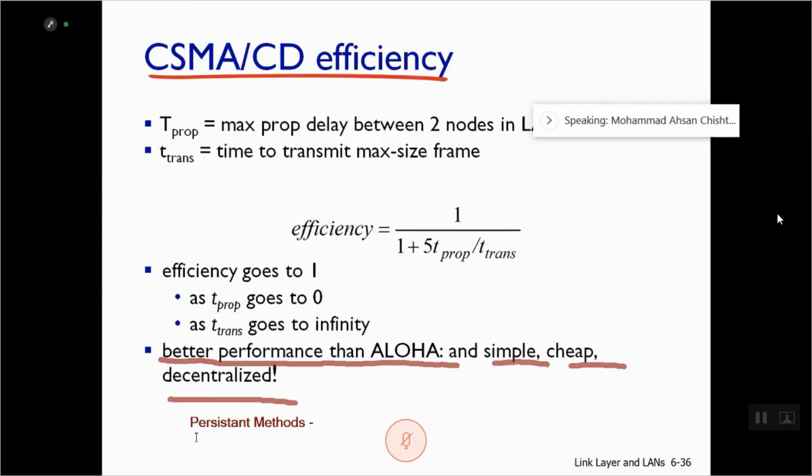What should a node do if the channel is busy? So it uses persistent methods. There is the one-persistent method, there is the non-persistent method, and also there is the p-persistent method. I'll leave it for you to discuss this.